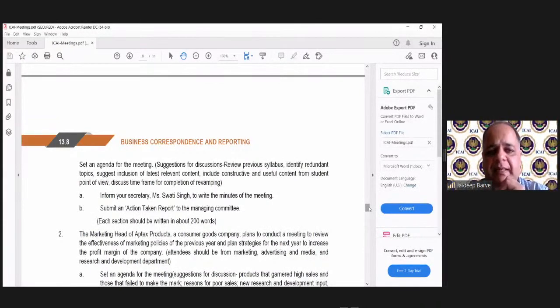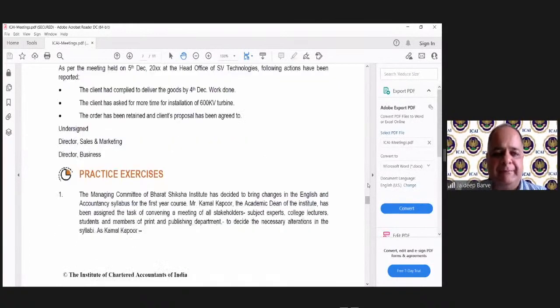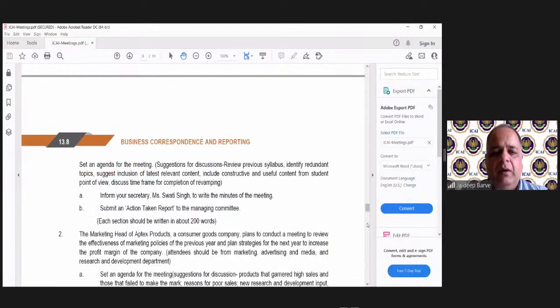Second, Swati Singh, who is the secretary of Kamal Kapoor, is going to write the minutes of the meeting. A third is an action taken report has to be submitted to the managing committee. Fine.